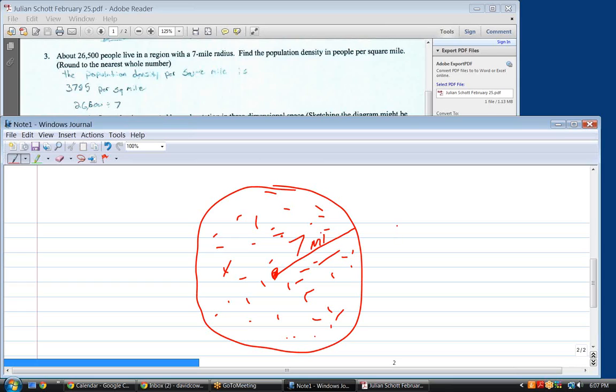What's the formula for area of a circle? Pi r squared. So in this case, it's 49 pi square miles, or miles squared. Yeah. Okay, so that's the area.